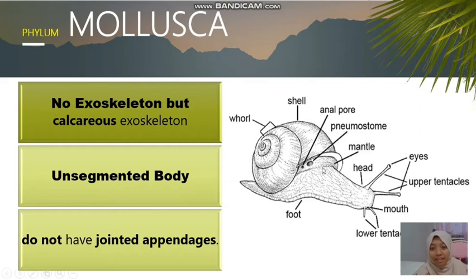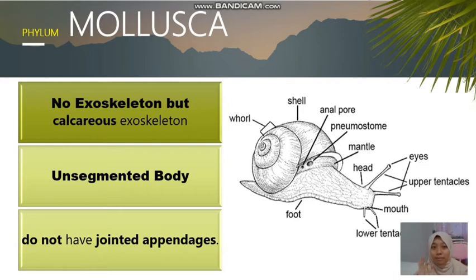It doesn't have a hard cover skin. If you look at this body, it doesn't have anything that covers the skin, except this one. We call this the calcareous exoskeleton, which is the shell.